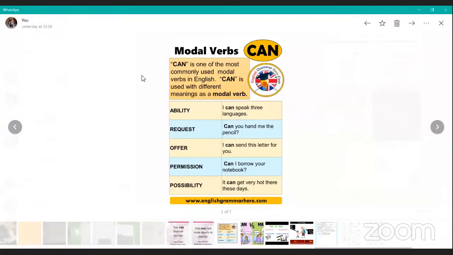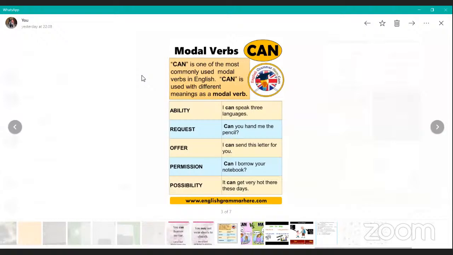Okay. I think now you have got the things and you may write down some examples. I will give you a few minutes. Ability, request, offer, permission, possibility. Write 5 sentences. Look at the given examples and write your own sentences.